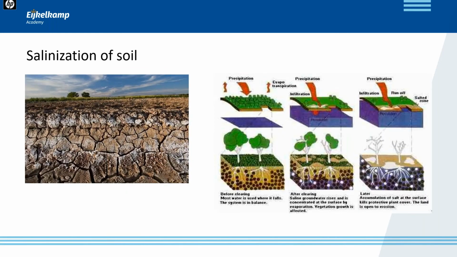Salinization of the soil occurs in the world's dry areas with dry climates, where soil is irrigated by a distribution system that allows water to infiltrate the soil.